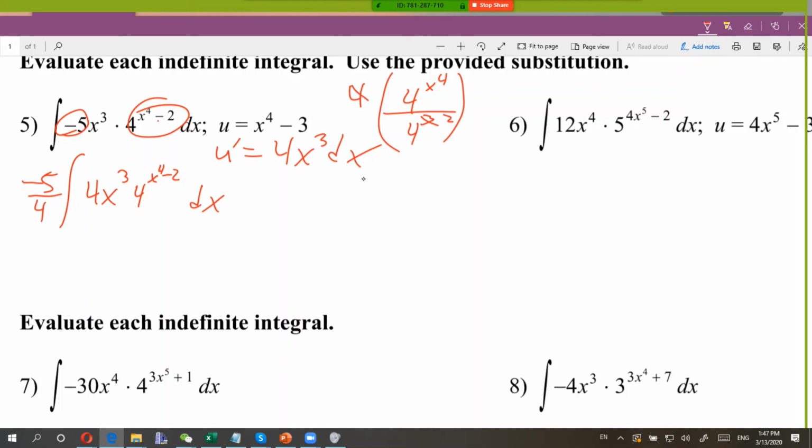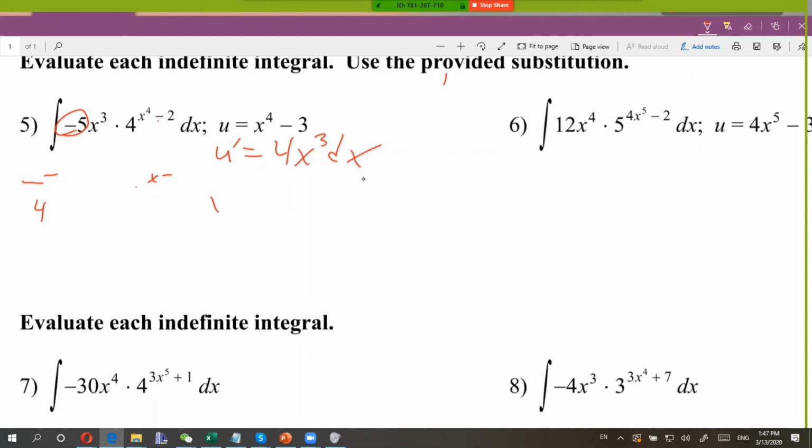Wait, what? I'll try another way really quick. I'm so lost. Okay, I'm going to start over. I want this to look like this. Right now I've got 4 raised to the x to the fourth minus 2 power.